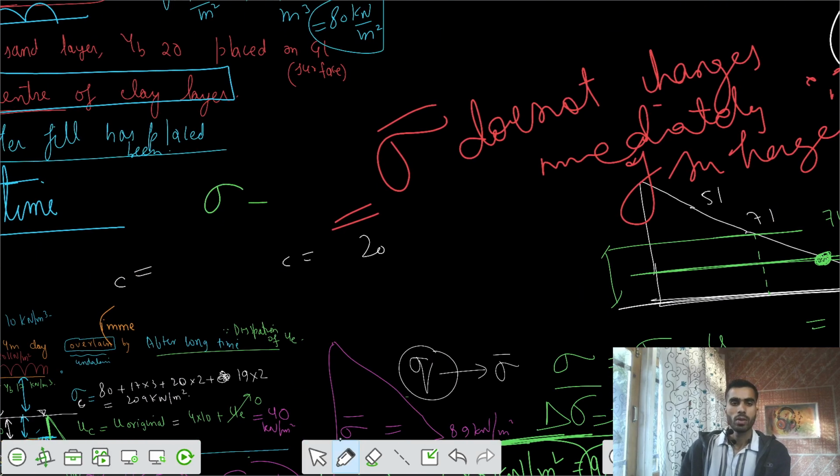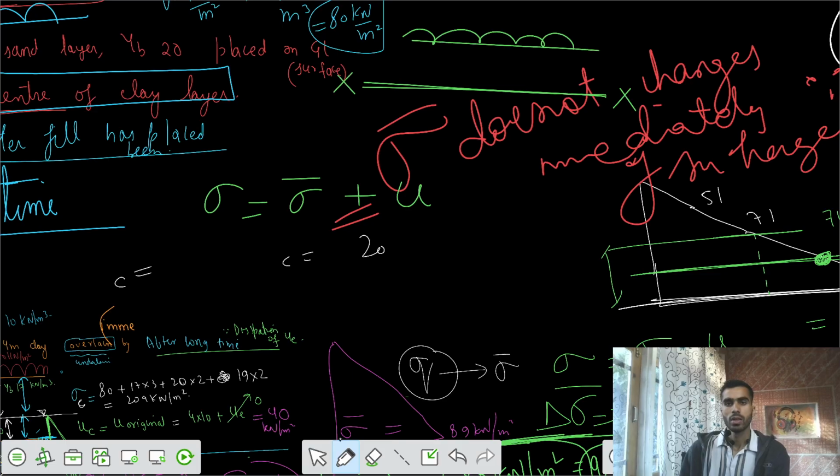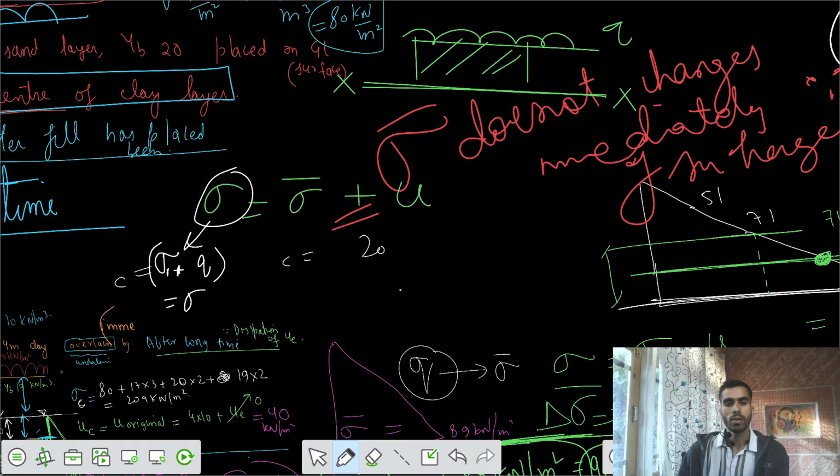Okay, so let's see the equation. We have sigma equals sigma bar plus pore water pressure. At that section, you are adding the surcharge, and there is some soil also. So your total stress is the weight of the soil, giving some stress sigma 1, plus some stress because of the surcharge equal to Q. The final value of sigma was 209 kilonewton per meter square, and the value of U is going to remain the same as in the initial case.